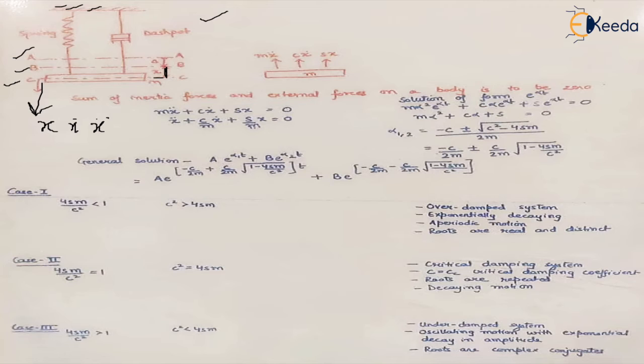So if we try to find the equilibrium equation for this whole system, it will be mass into acceleration of the body, right? That is the force with which it is moving downward, is equal to minus C, the damping coefficient, into the velocity, minus the spring constant into the displacement.